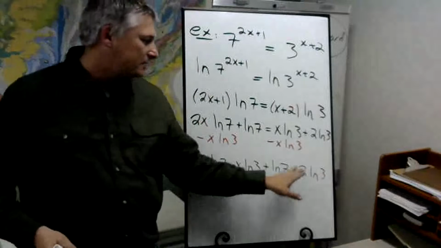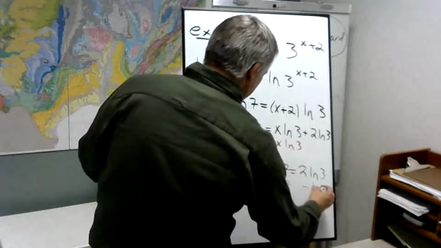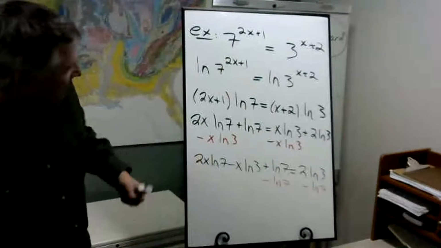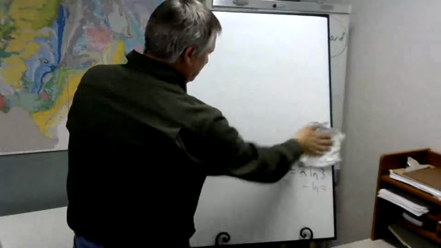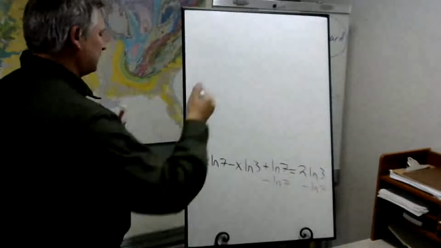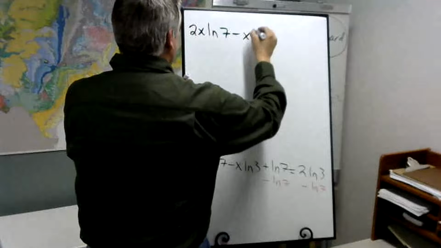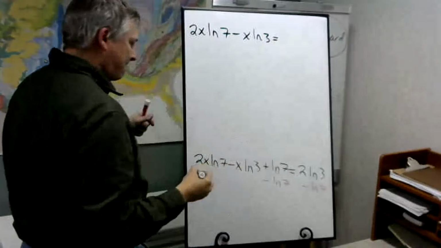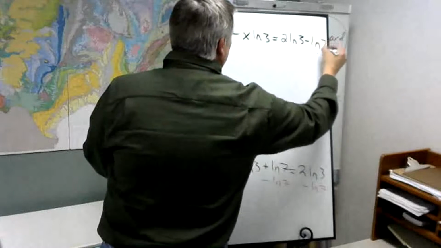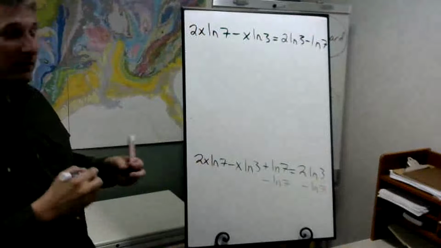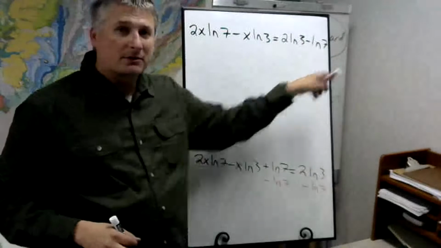And now I'm going to subtract natural log 7 from both sides. All right, we've got it. Now we've got the x terms on one side, non-x terms on the other.